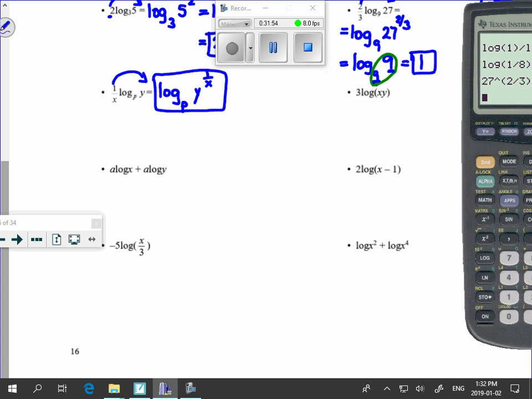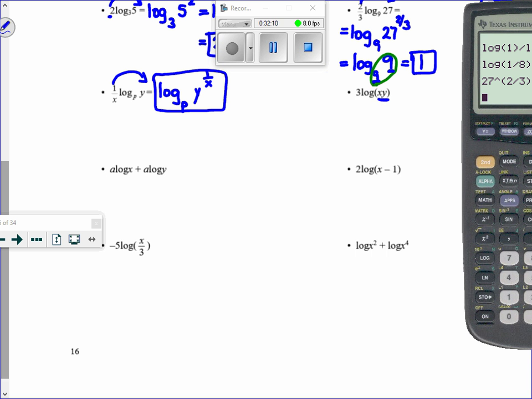Okay, this one we have 3 times log xy. Okay, well, we have a few different things going on here, and this is why this section is called combination questions, because I notice I have a 3 times this, but I also notice that I have a product here, x times y. Okay, so I need to do a couple different things to expand this.